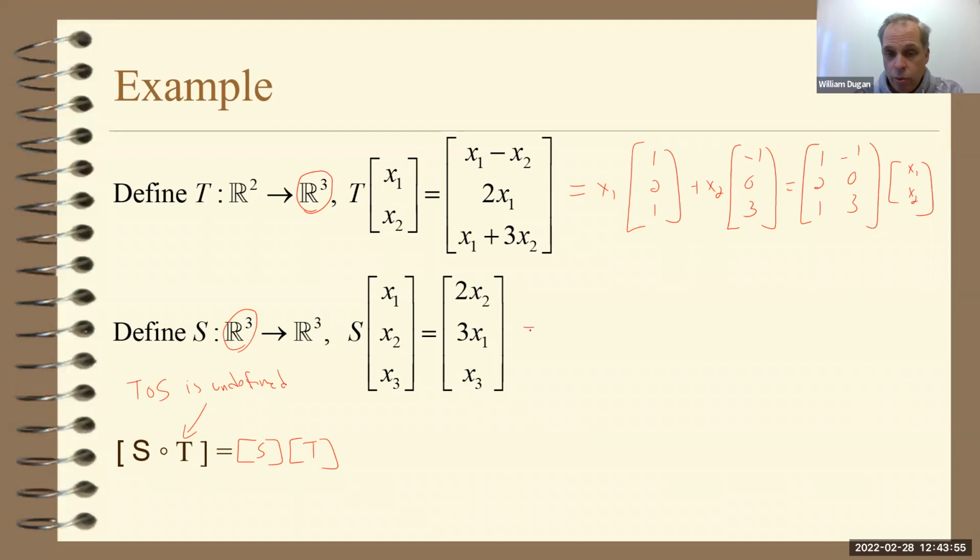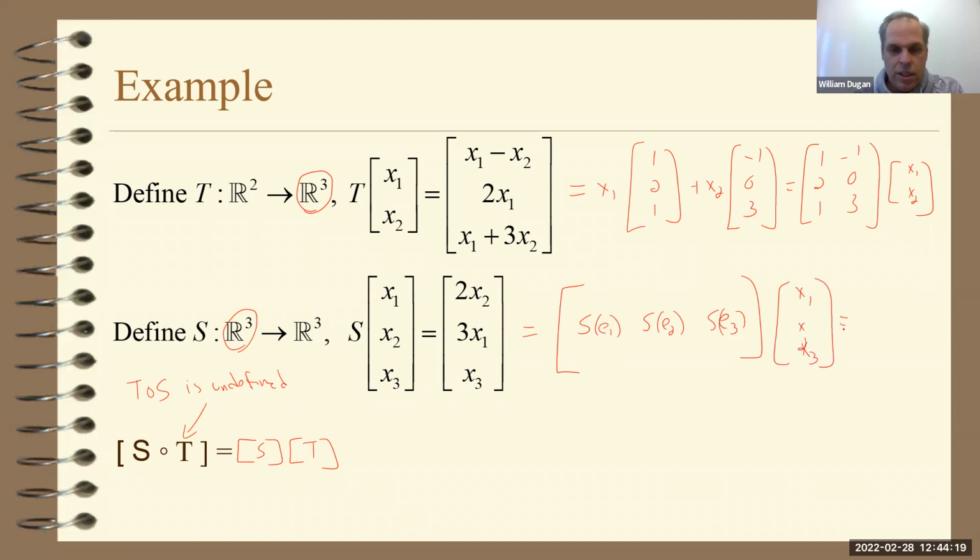Now, you don't have to do what I just did. Instead, there is a standard matrix here: S applied to e1, S applied to e2, and S applied to e3, by the theorem I gave you, and then you would have it multiplied by (x1, x2, x3).